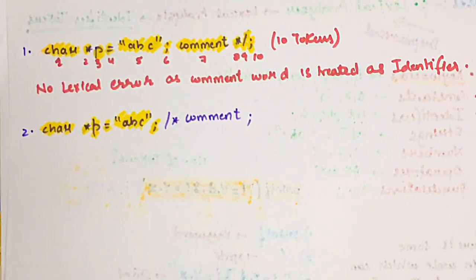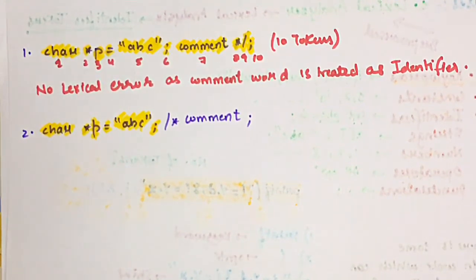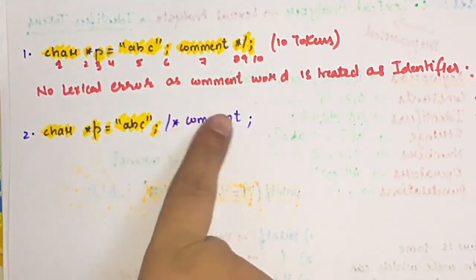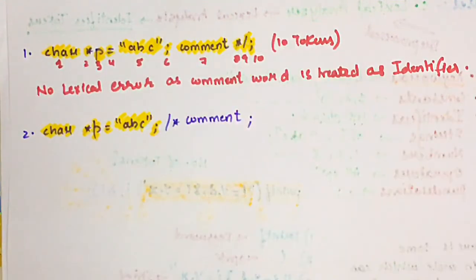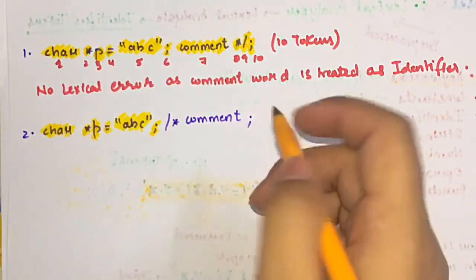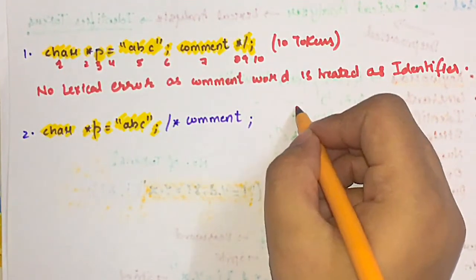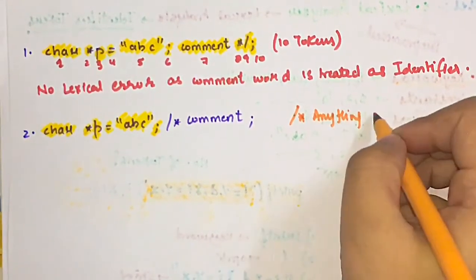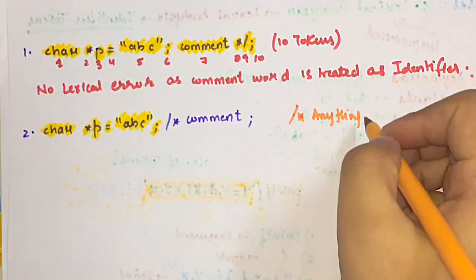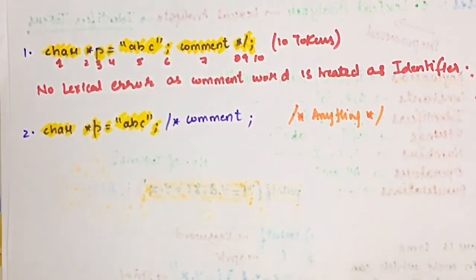Comments are declared by starting with oblique, asterisk, and then writing anything in between will be considered a comment, and comments are closed with these also. Let me write a comment here, then you will be more clear. Anything inside these two will be considered a comment.